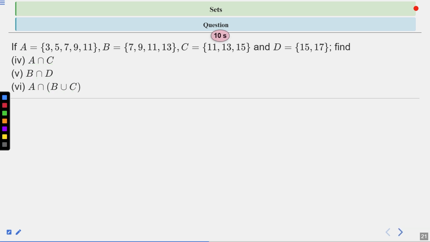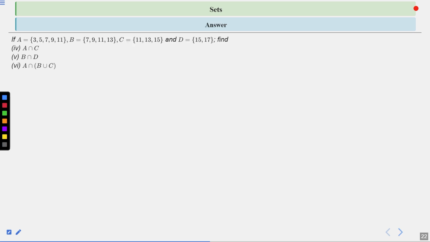You will have some seconds to try this problem, then afterwards we will move on to the solution slide. So your time starts now. The time is up.